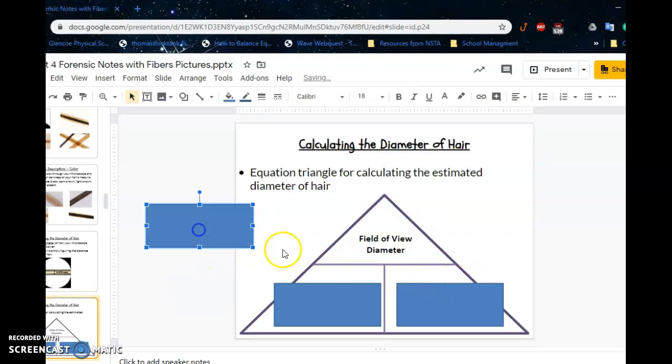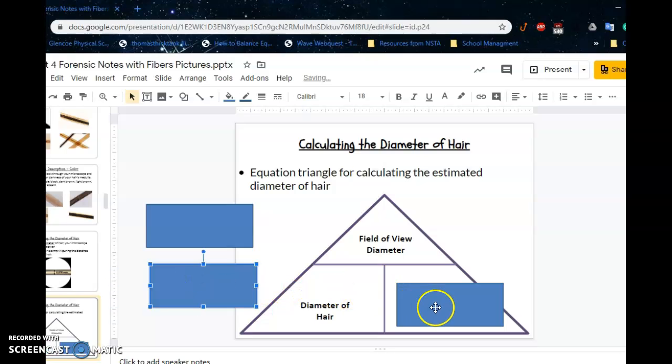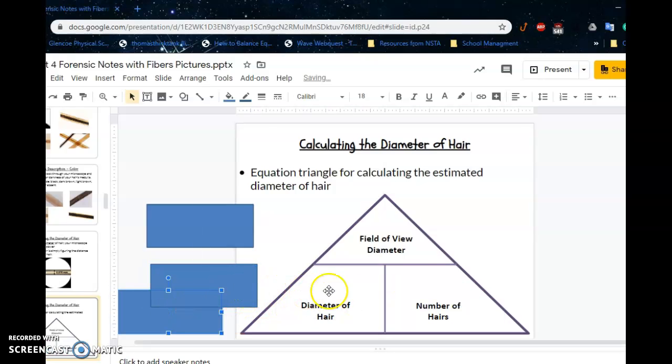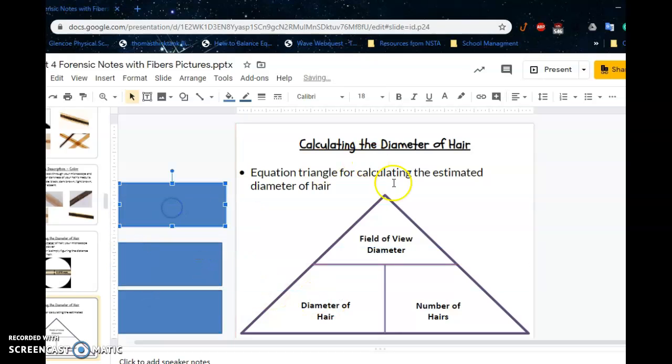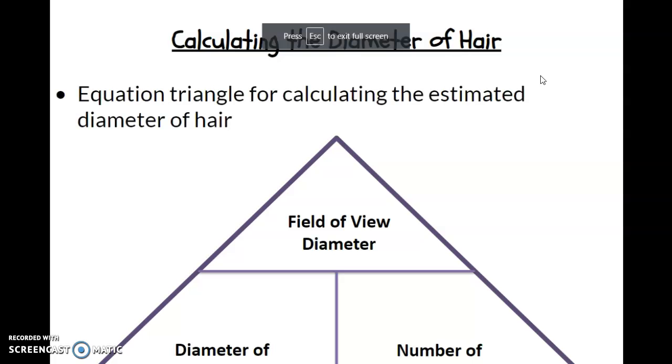I'm just going to move these out of the way. So you have the field of view, the number of hairs, and the diameter of hair. I know that's not in the screen, but over here is diameter of hair, and then this is number of hairs.